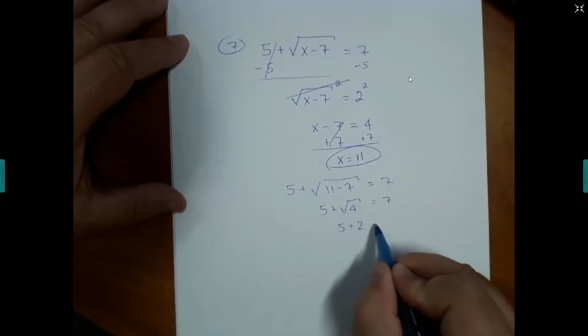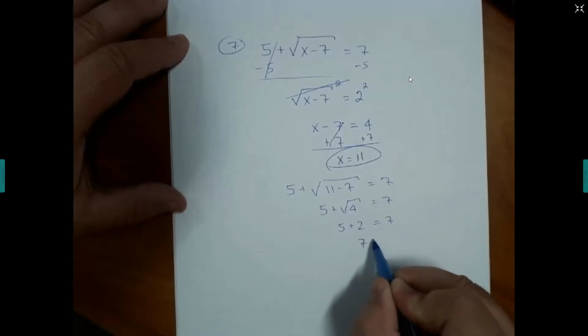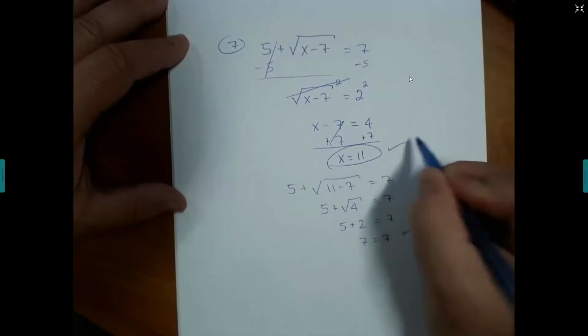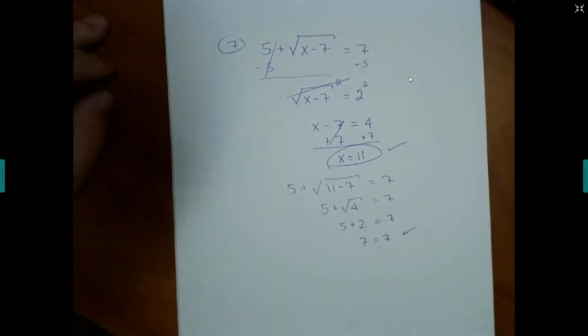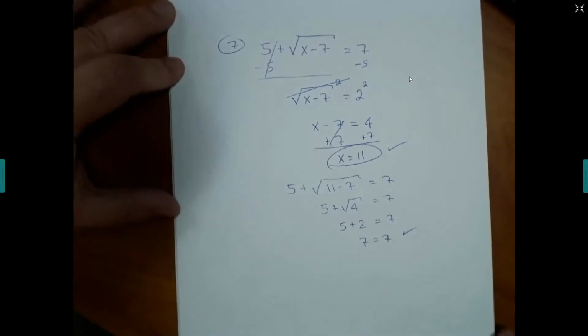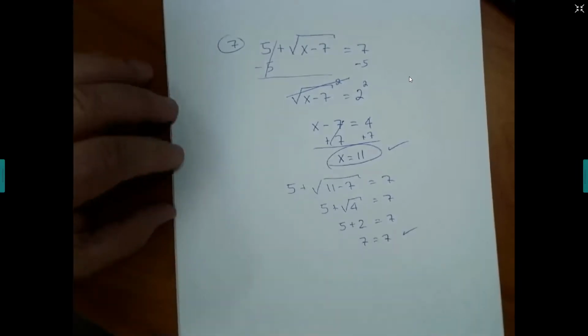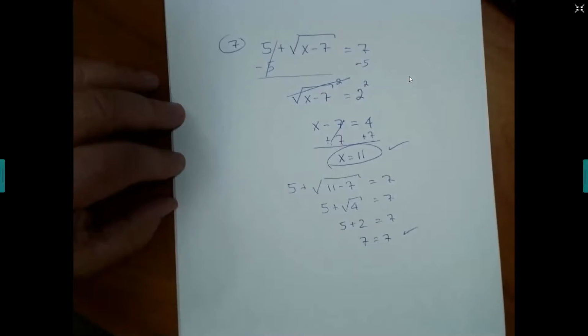Square root of 4 is 2. So that's your answer. It works. So always check your answer. Plug it in the original question, see if it works out.